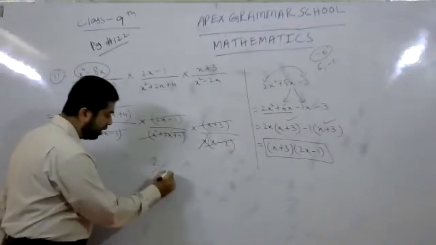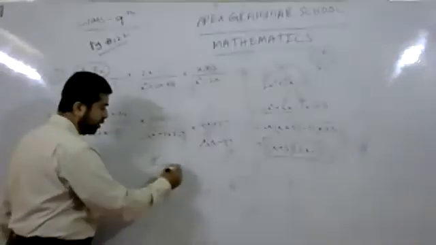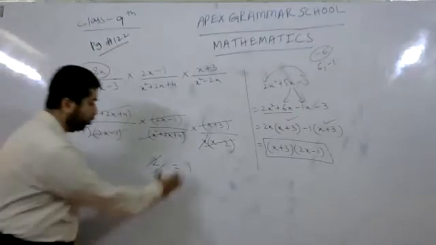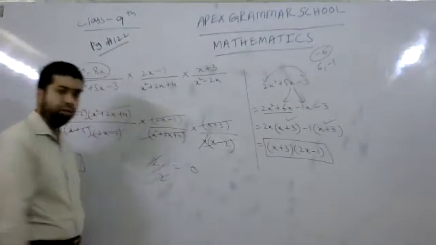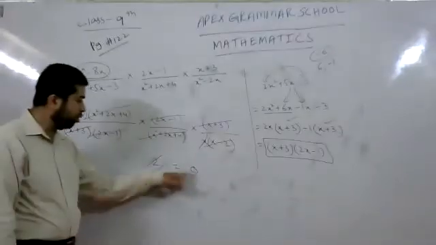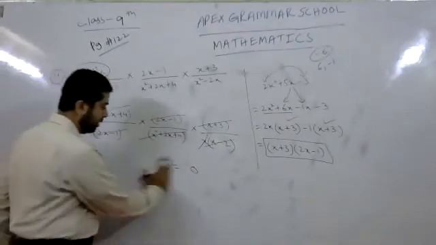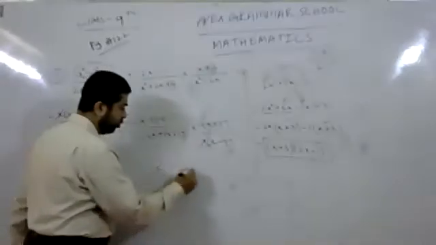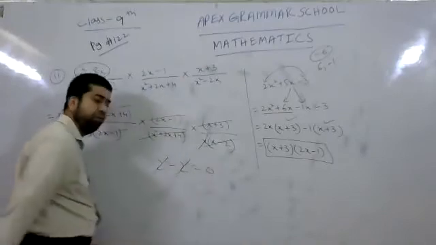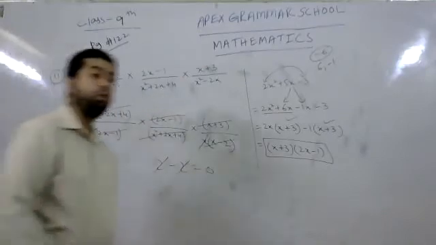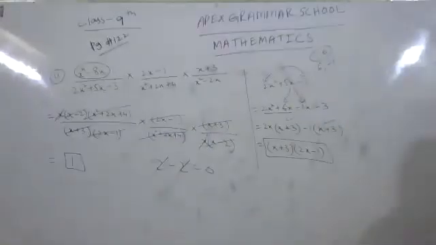Because 2 divided by 2, if both are cancelled, 2 into 1 is 2. You are not going to answer 0 when both are cancelled. 2 multiplied by 0 is 0, not 2. But if 2 minus 2 cancellation, then you are left with 0. So this is the most important thing. You need to be very careful about it.